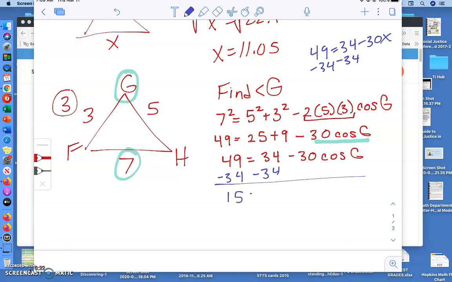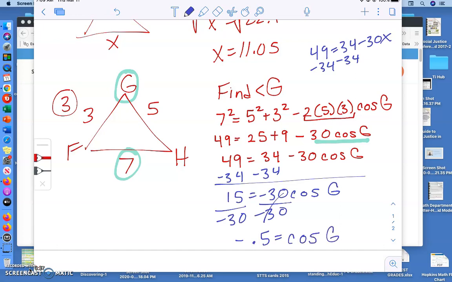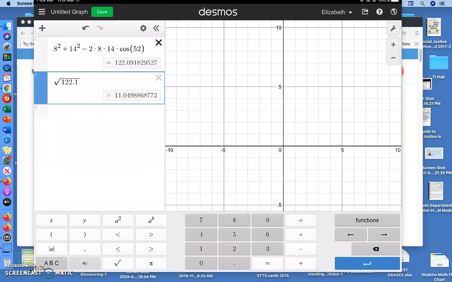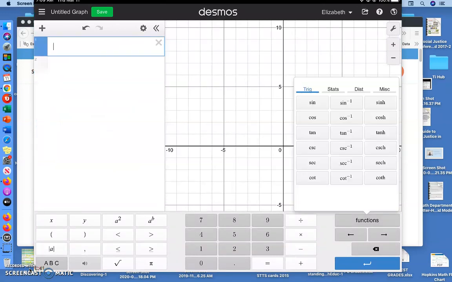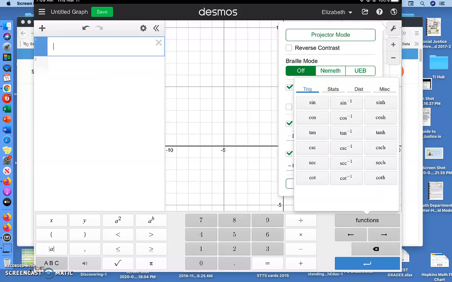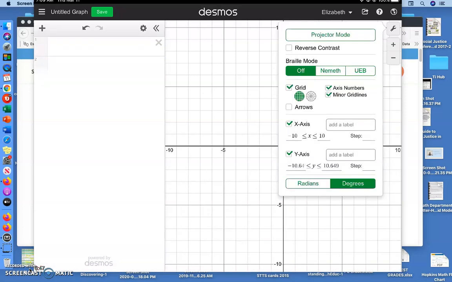So we have 15 equals negative 30 cosine of G. Divide by negative 30, and that's negative 0.5. So negative 0.5 equals the cosine of G. Now we have to do the inverse cosine to find the angle. So functions, cosine inverse. Am I in degrees? Let me check. Yep, still in degrees.